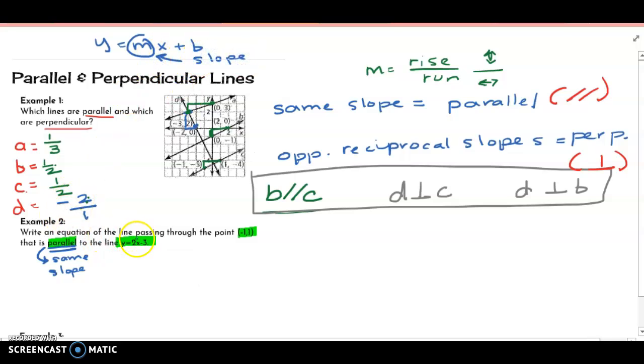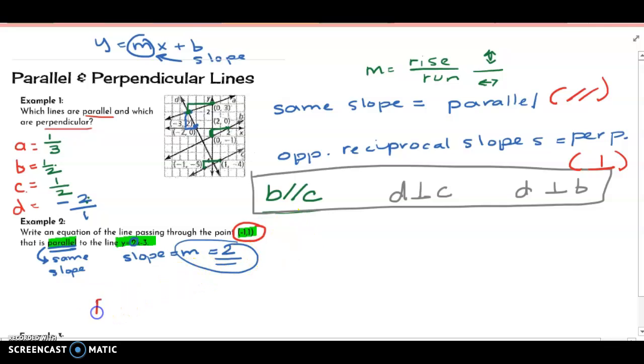So if I look at here, my slope, which is represented by an m, is 2. So our new line that is parallel to this line is going to have a slope of 2 as well.